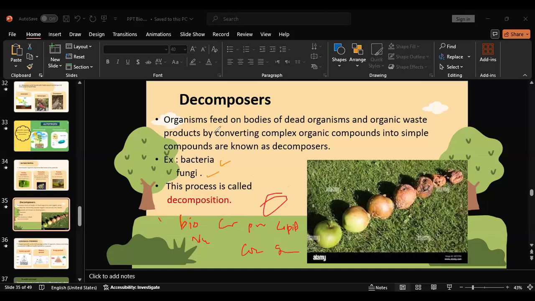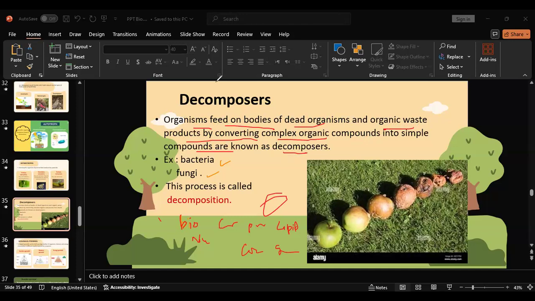Again, I am telling you that an organism that feeds on the bodies of dead organisms and organic waste products by converting complex organic compounds into simple compounds is known as a decomposer.